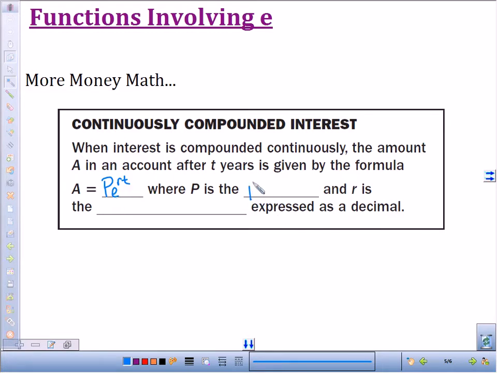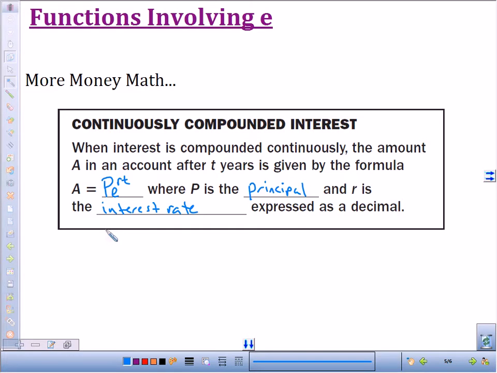P, of course, is the principal, just like it was in the other compound interest formula. R is the interest rate. And of course we have to express R as a decimal because anytime we're dealing with percentages, we always have to use decimals.